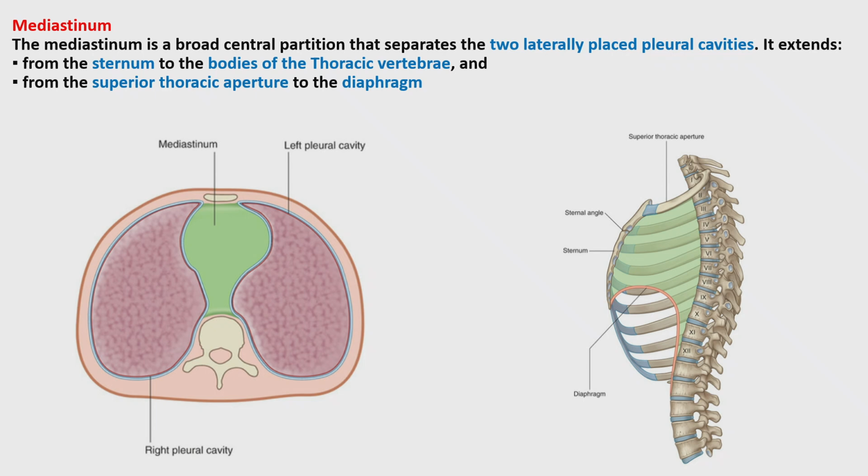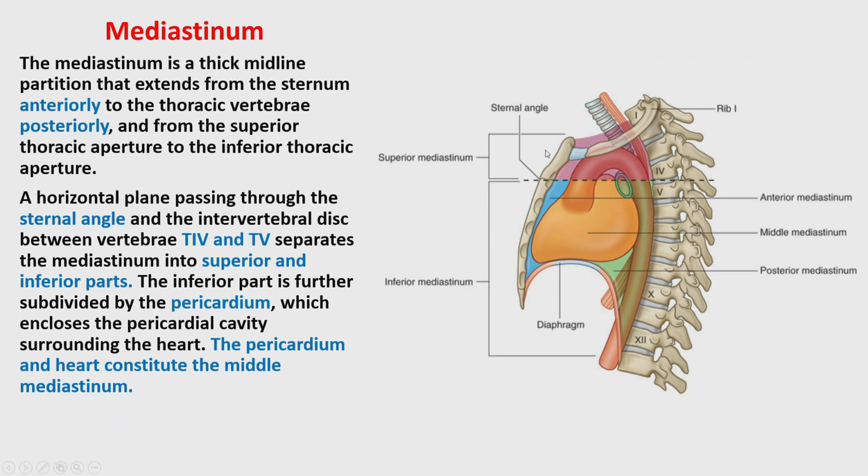And we said that at the level of approximately T4, T5, there is a line passing through the superior part of the heart. This line separates the mediastinum into the upper portion, called the superior mediastinum, and the lower portion, called the inferior mediastinum.